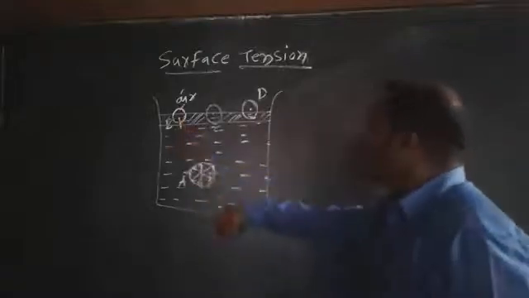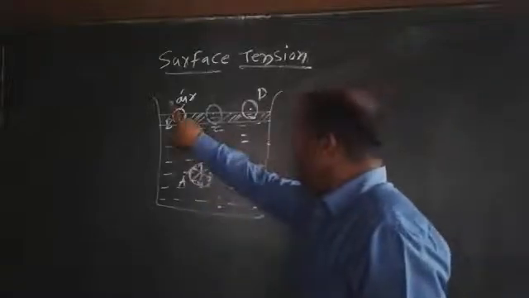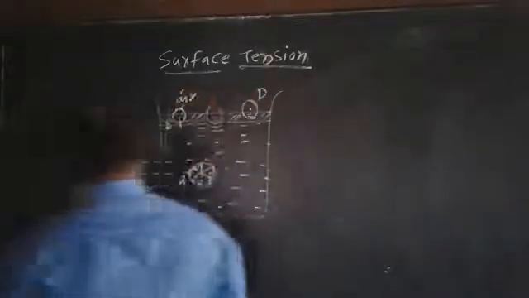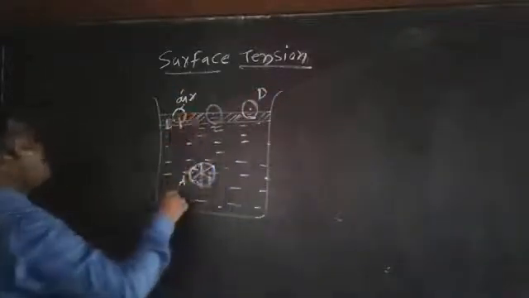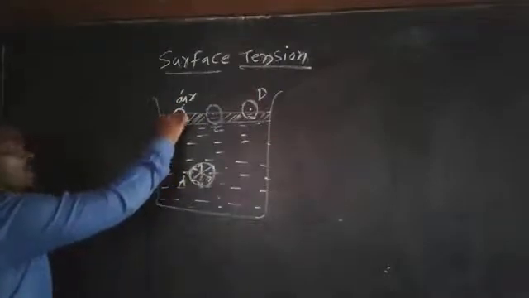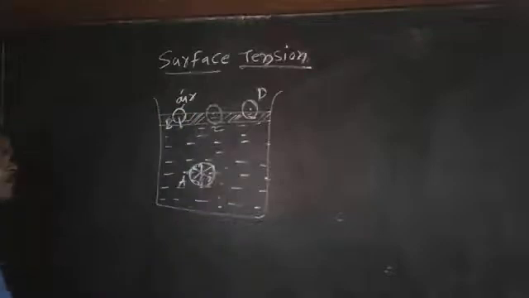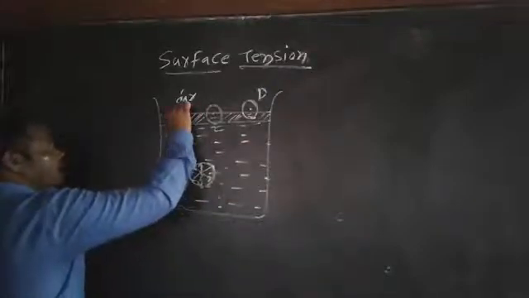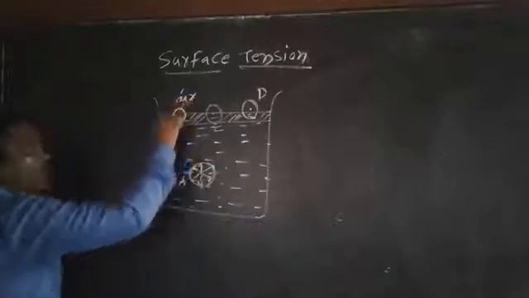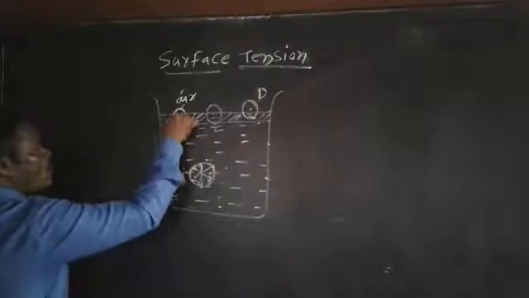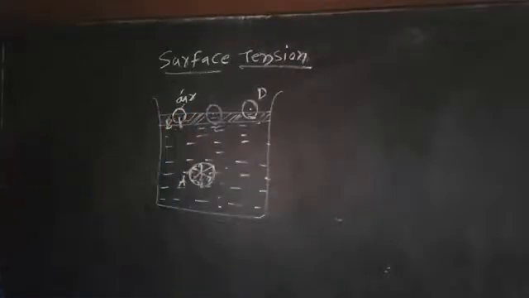Molecule B is on the liquid surface, and in this case the resultant cohesive force is maximum, because the number of air molecules in the upper half is less than the number of water molecules in the lower half.